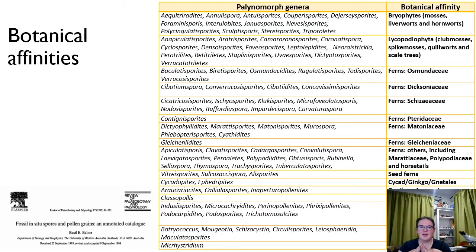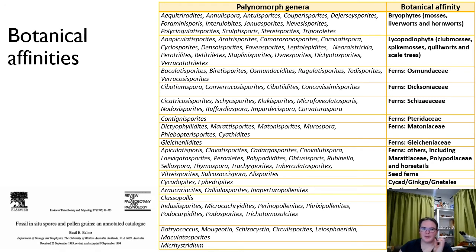The first step in taking any raw biostratigraphic palynological data and starting to consider it for paleoenvironmental, ecological, floral purposes is to go from your palynological species and genera, which for paleo work are always morphological species and genera, and link them to what plants actually produce them.